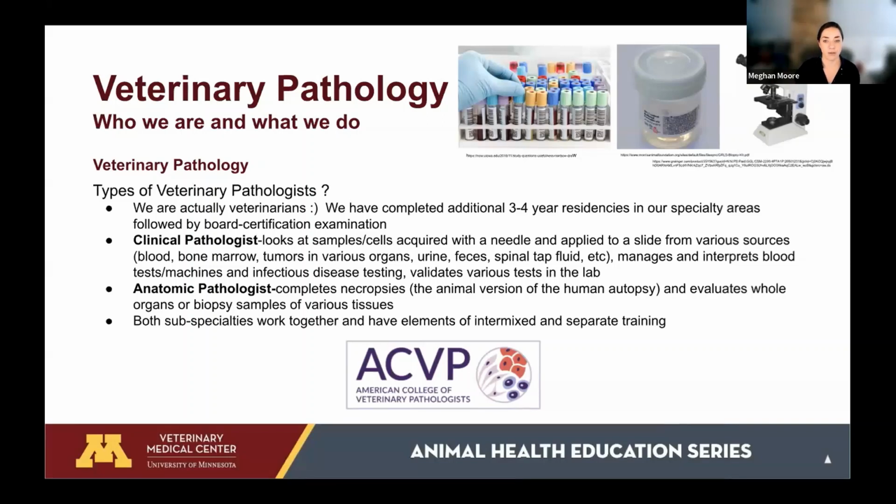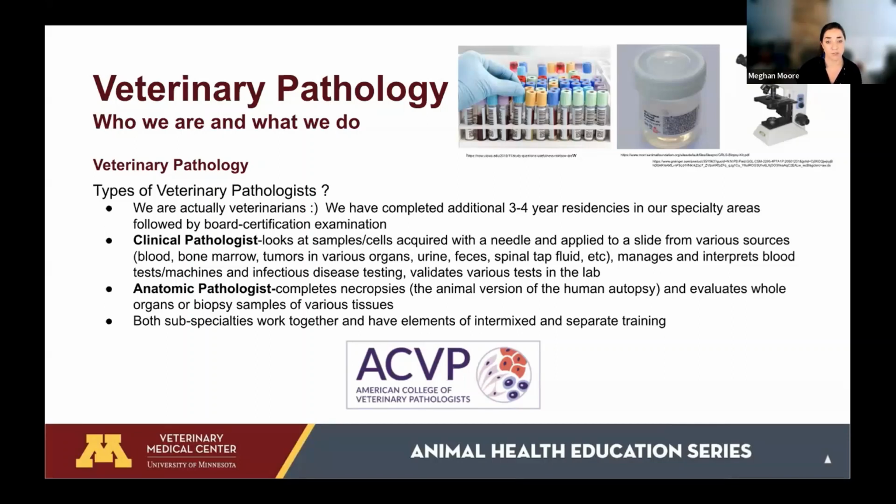So really, the clinical pathologists are going to look at cells within those different fluids, so blood, urine, bone marrow, cerebrospinal fluid is another one, and look at that cell morphology and try to figure out what's going on.